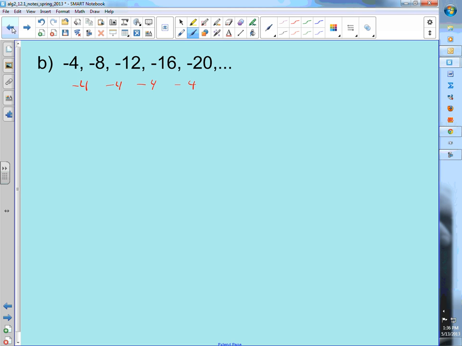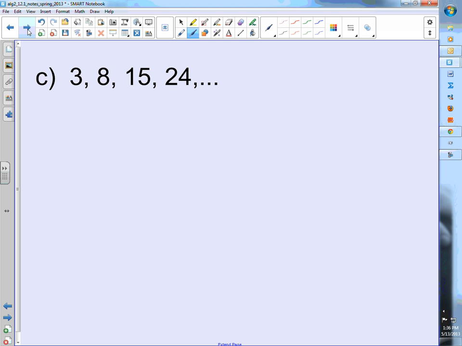So how do we get to the next term in this sequence? How are we getting from one term to the next? +5, +7, +9.